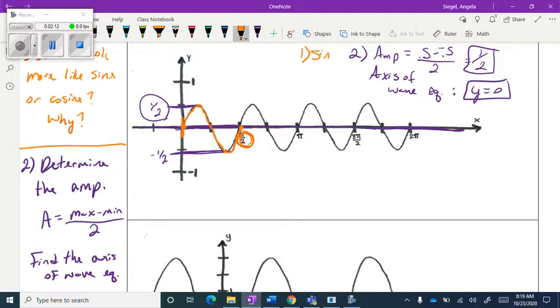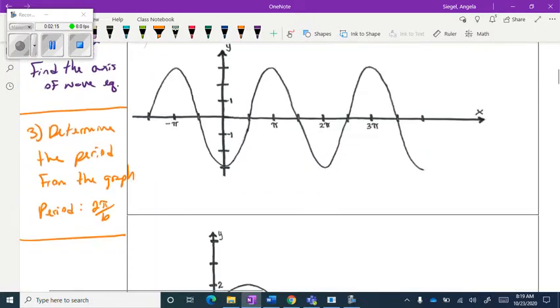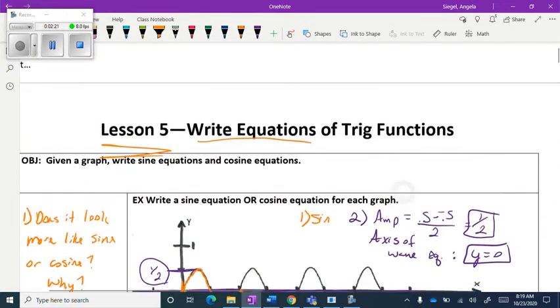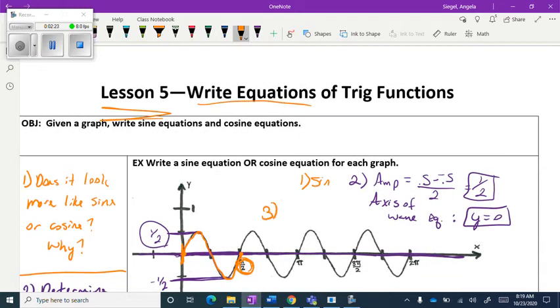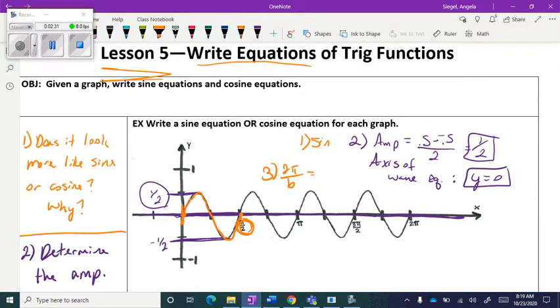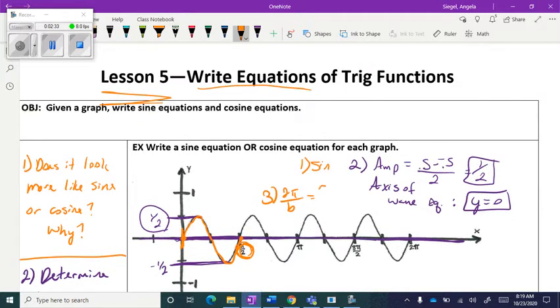But what if we weren't starting at 0? So I want you to think about the formula of period. So let's go back up here. So period is 2 pi over b. And we know from this case, because it's not shifted at all, your period is pi/2.